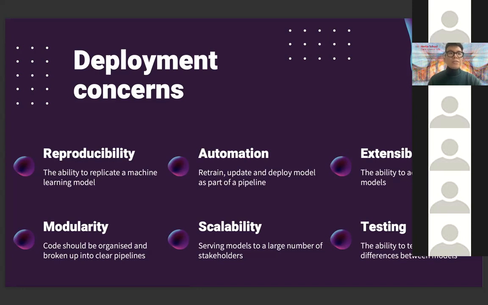But nowadays, we actually have a lot of automated platforms that can help you to deal with this issue. For example, Weights and Biases and MLflow are two platforms that I can recommend.